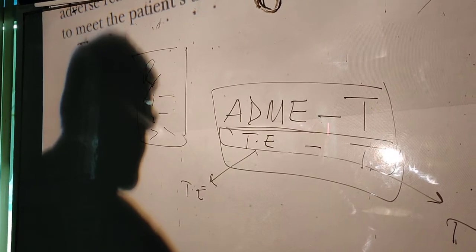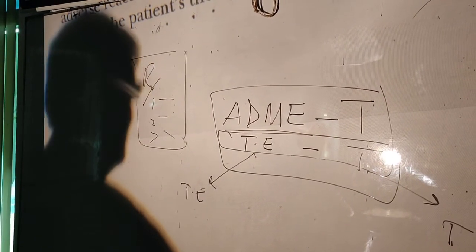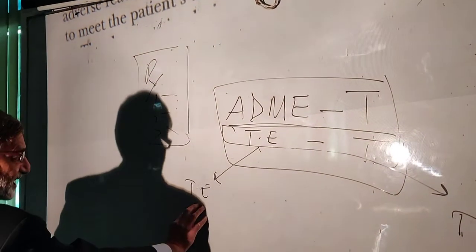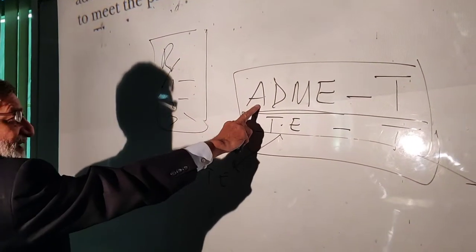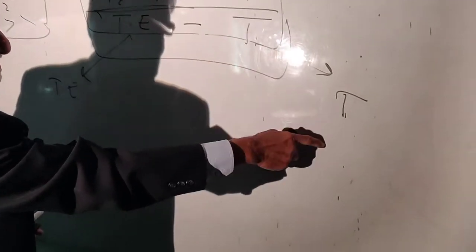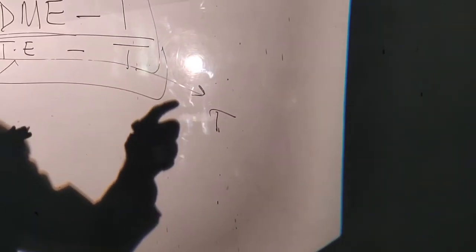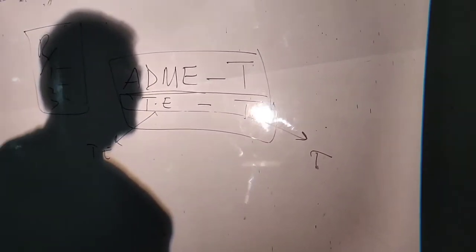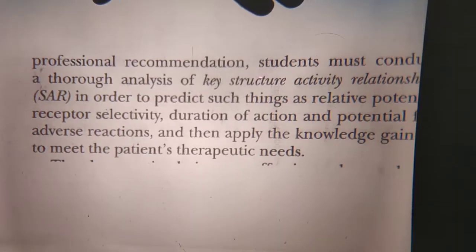This is your domain wherein you have to select the most therapeutically efficacious drugs, knowing their absorption, distribution, metabolism and excretion, and the least toxic one, so that the patient is in the right place of health and is corrected as he should be. And this is the actual domain of a pharmacist.